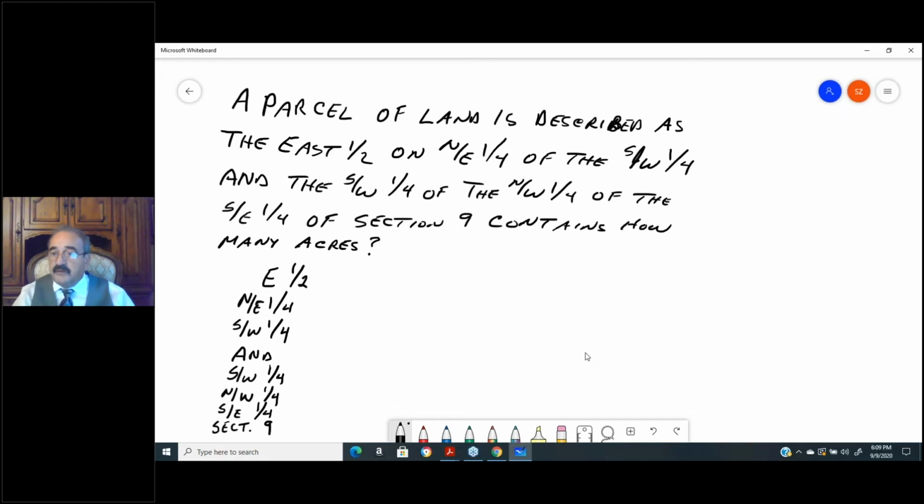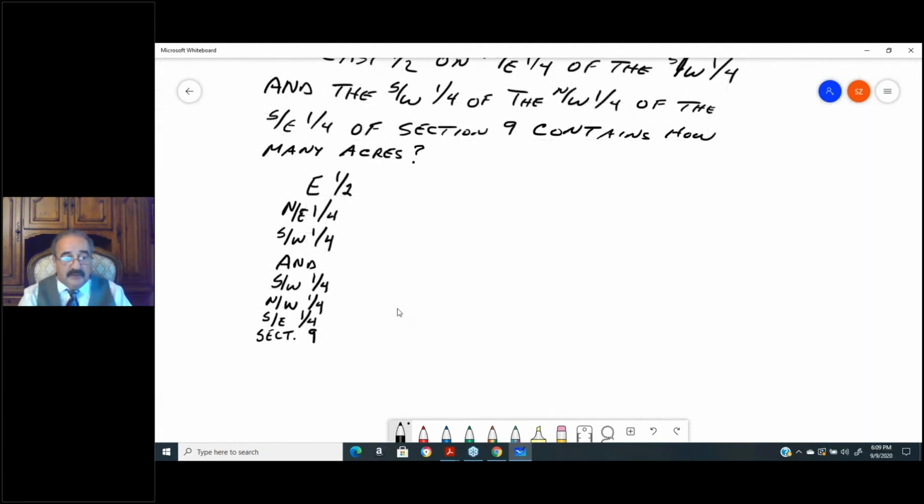Now, this one's a little bit different because we have the word and. And so when I get to the word and, I always start off with the section number on the bottom. So I get to the word and, I stop, keep what I found, go back to section 9, and then continue.